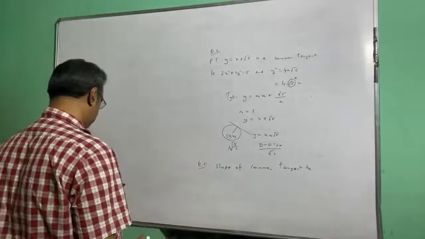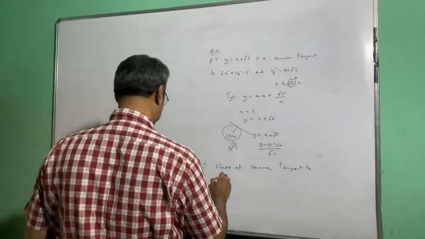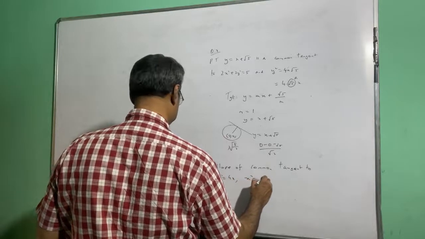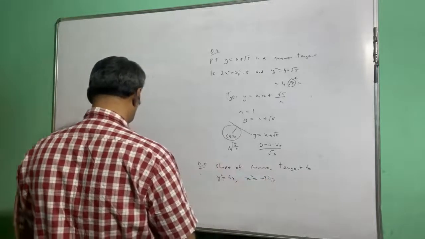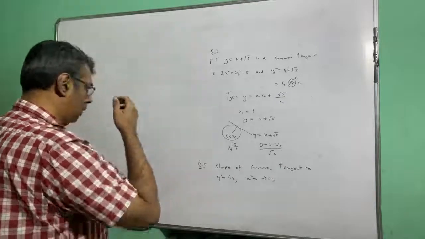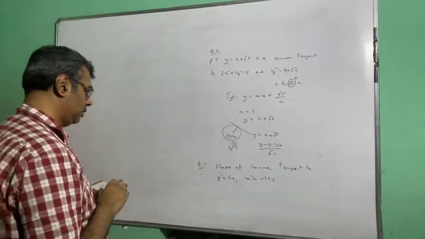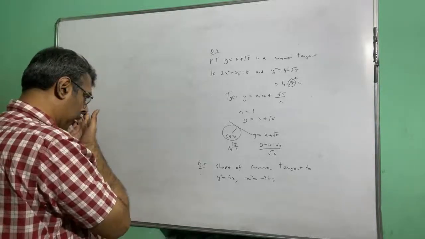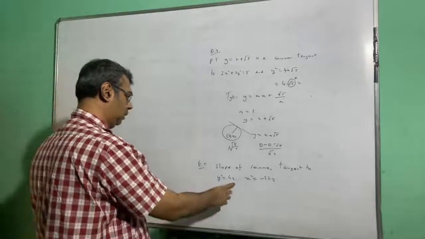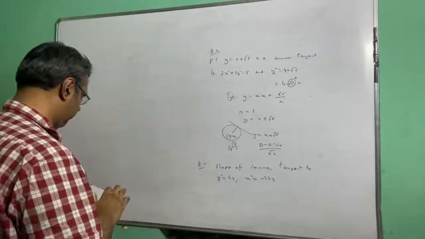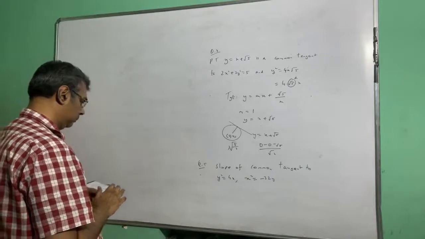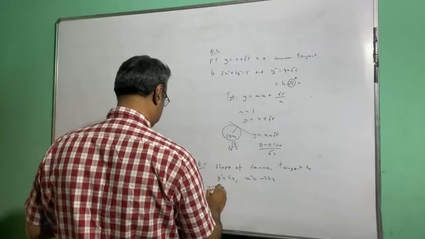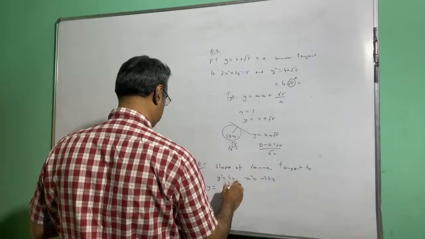Okay, next question, slope of the common tangent to y square equal to 4x and x square equal to minus 32y. These two will have a common tangent and you will have to find the slope. So I think what we can do is say this one will be 4 into 1 into x.